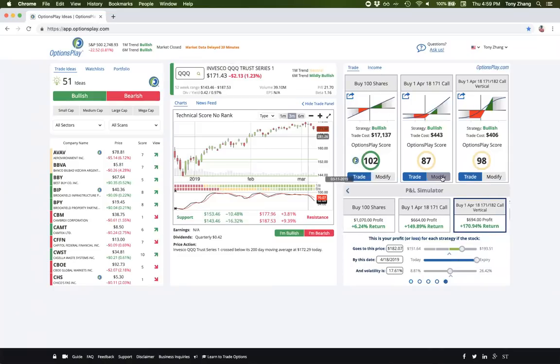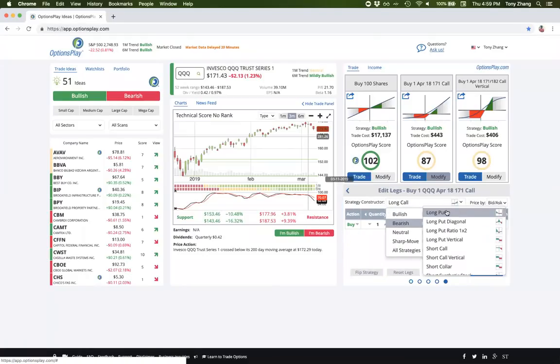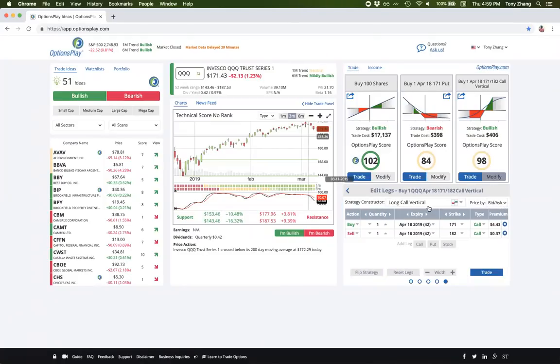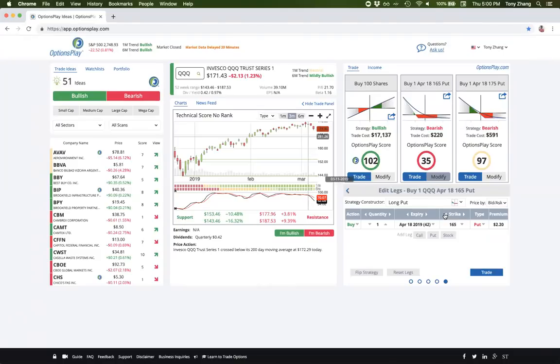You would always create any long put, any two puts against each other. You can choose different puts from different expiration dates, but I always recommend that you have one in-the-money put. So let's say you have the 175 put versus maybe a 165 put on a stock that's trading at 171.